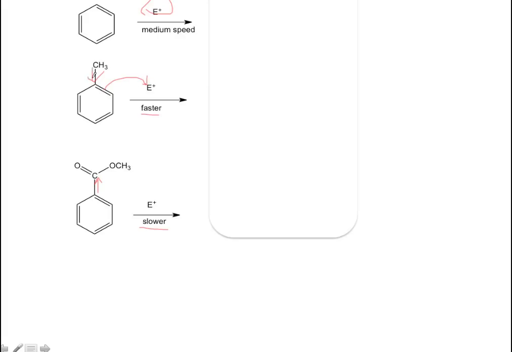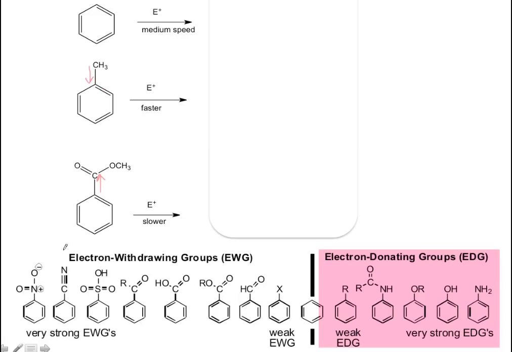Anything that will donate electron density will make this reaction go faster because there will be more electron density. Any group that pulls electron density away from the ring will slow the ability of the ring to grab the electrophile. There is a chart like the one shown on the bottom of this page in the Stromanis workbook, and there's a very similar one in Chapter 9 in McMurray.